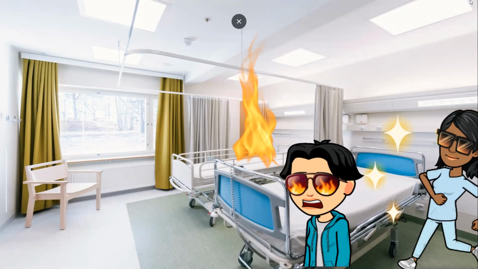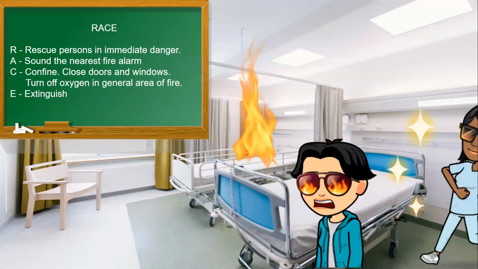Okay. When our CNA goes into this room, she sees that there is a fire. What are the 4 steps to remember if there is a fire? We use the acronym RACE, R-A-C-E.